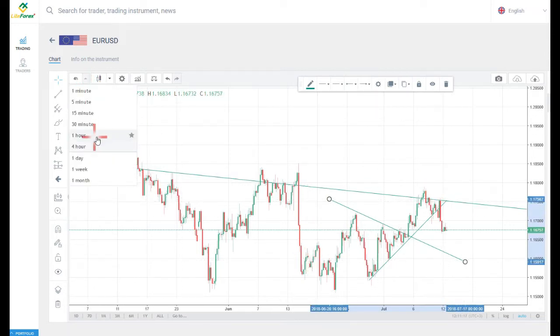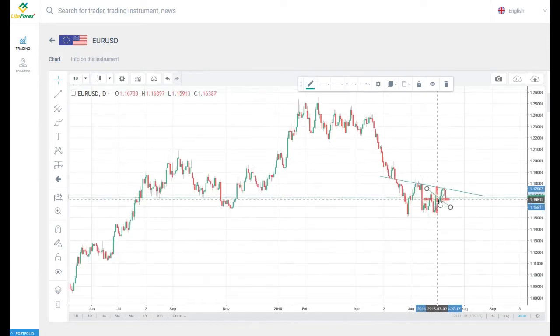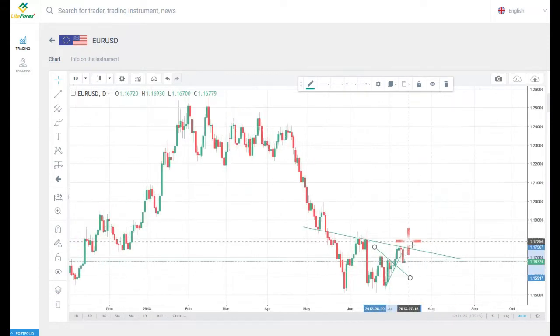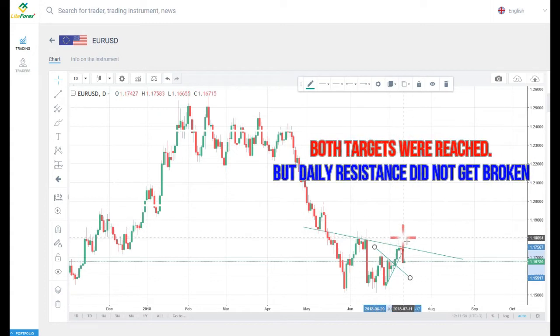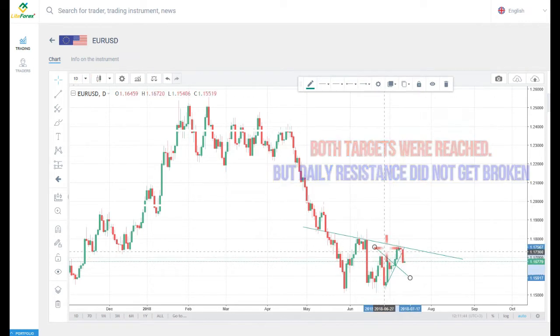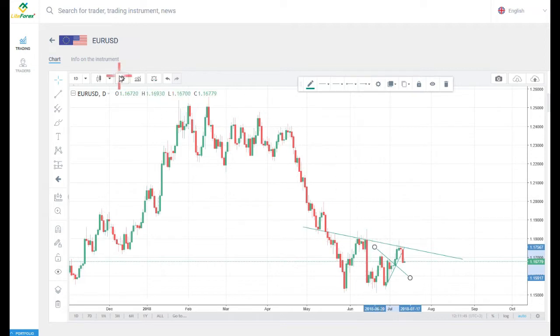Here on the daily, you can see it actually did reach the daily resistance. Here's the candle's wick. It came all the way up to this resistance. So our 2 targets were actually reached, but this daily resistance was not breached, so we could not actually keep trading up. But nevertheless, the 2 targets did reach. This one did reach, and this one reached all the way up here.